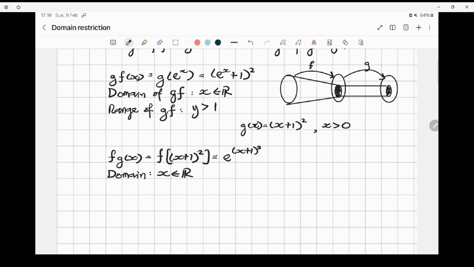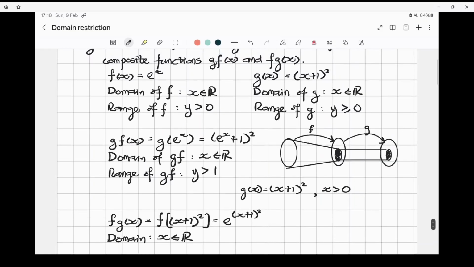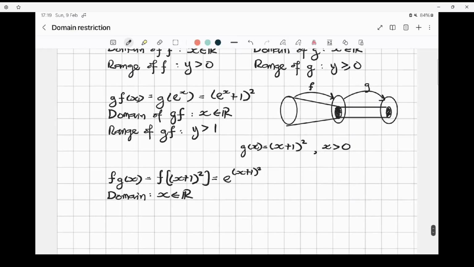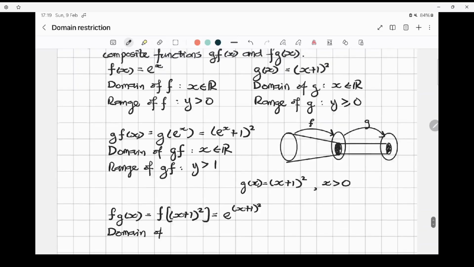In this case, there's no need for you to restrict your domain, but you need to be careful when you define the range because, how should I put it, the range of the first function is a smaller subset of the domain of the other function, which is why you need to be careful to write down the range in this particular case. So in this f of g, the domain is still defined.